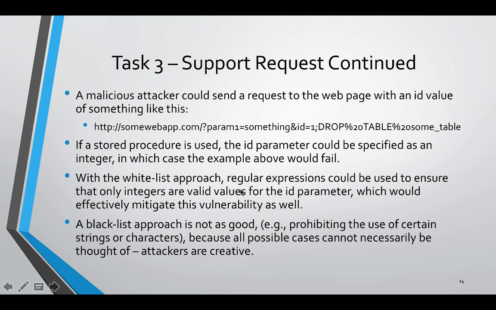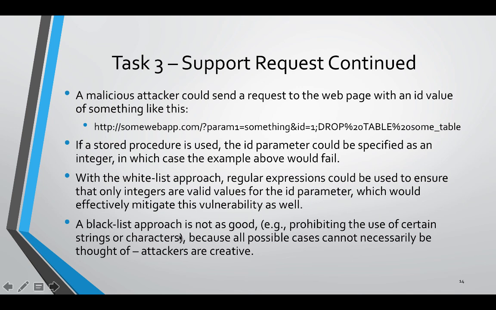With the whitelist approach, like I said, regular expressions can be used. We're expecting this value of ID to be 0 through 9, and only those numbers, or any combination of those numbers. So as soon as we see a semicolon or a drop or any other alpha or symbol characters, then the application should know that we've gotten bad input, and we don't want to actually submit that to our DBMS and have it be processed.